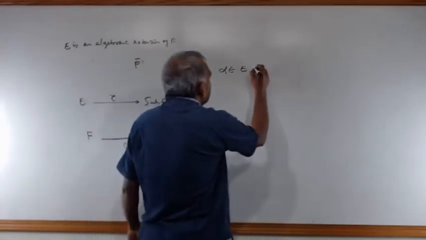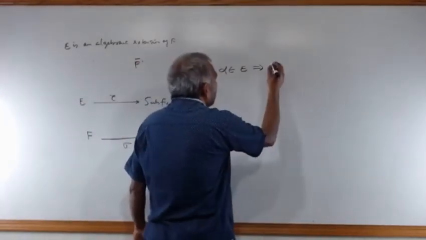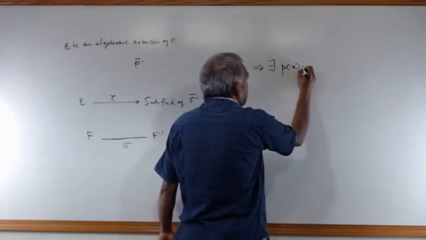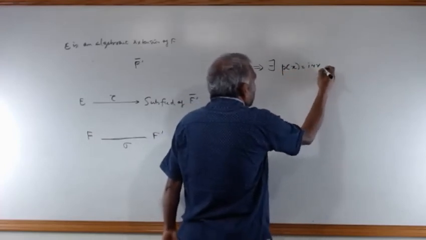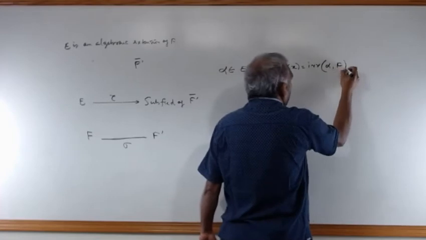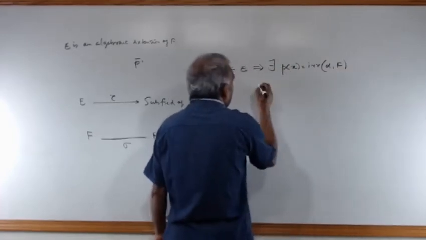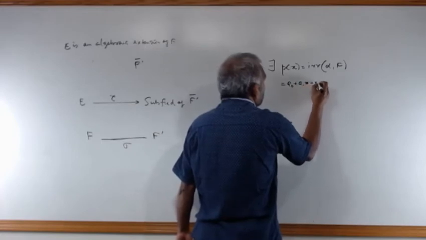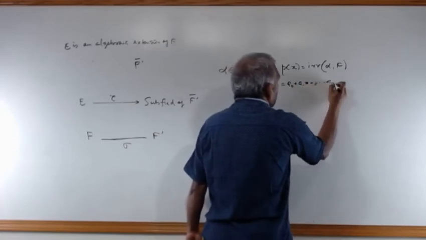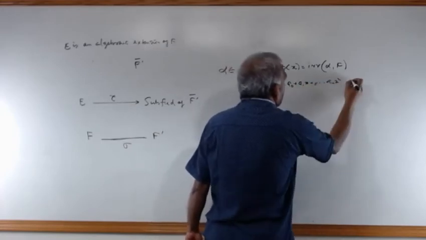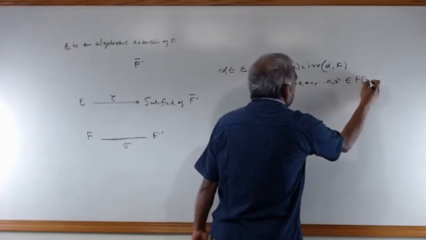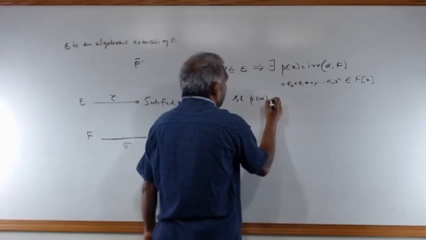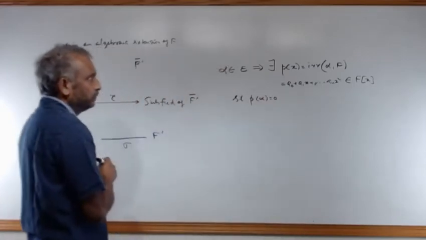That implies there exists a polynomial p(x), the irreducible polynomial of alpha, equal to a0 + a1x + ... + an x^n that belongs to F[x], such that p(alpha) = 0.